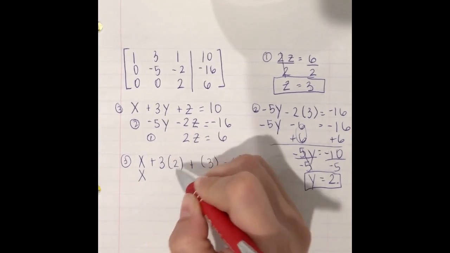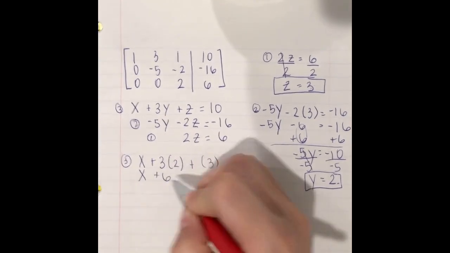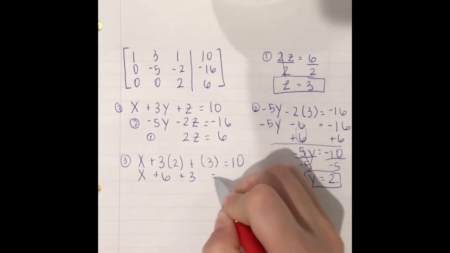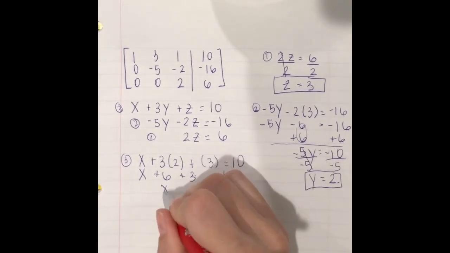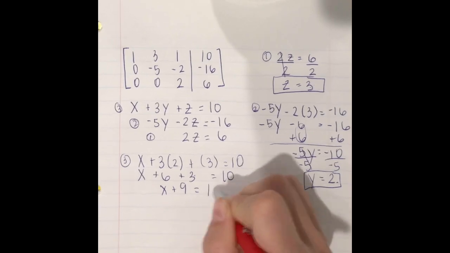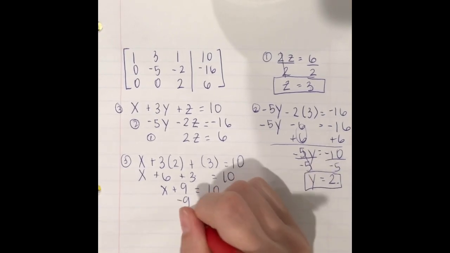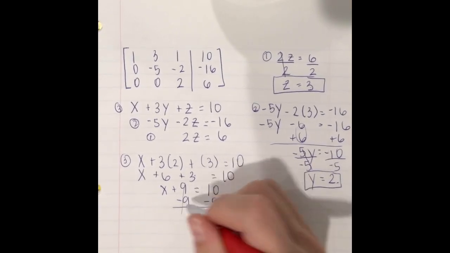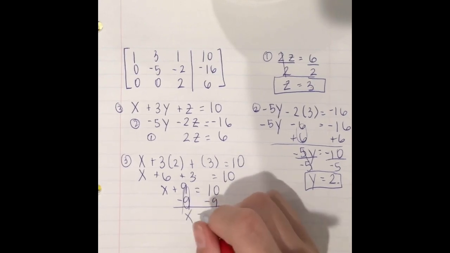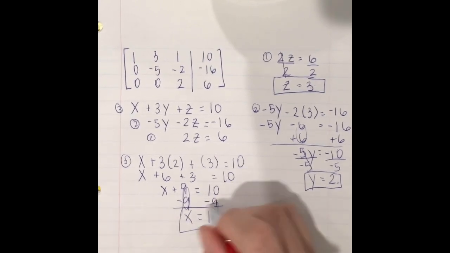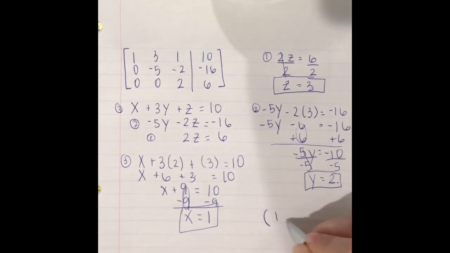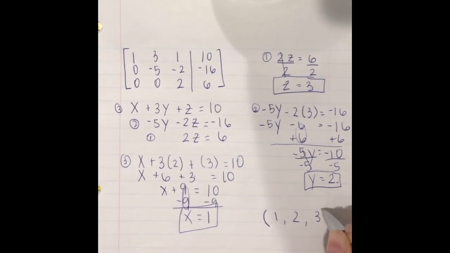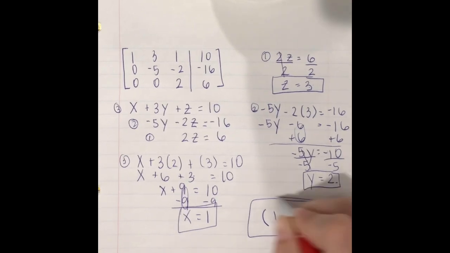So I have x, 3 times 2 is 6, plus 3 equals 10. 6 plus 3 is 9, so we have x plus 9 equals 10. Subtract 9 from both sides, and we get x equals 1. So our full answer is 1 for x, 2 for y, and 3 for z. 1, 2, 3.